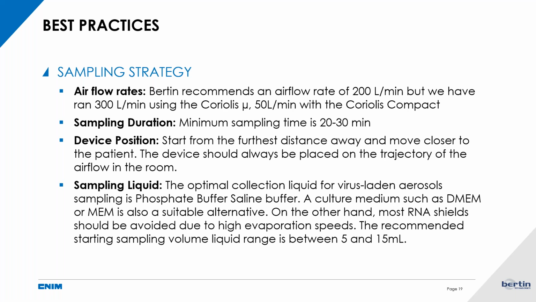So it's better to play with the initial volume of your sampling, and work with something between 5 and 15 milliliters. As you perform some runs, liquid is going to evaporate, and if you have a smaller volume of liquid, it's going to be easier for you to concentrate your sample or work directly with it.